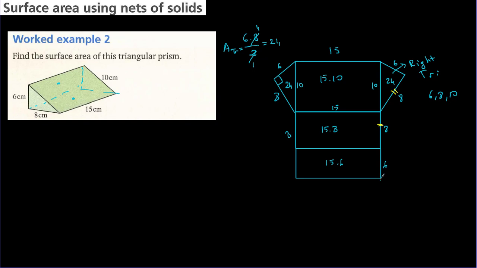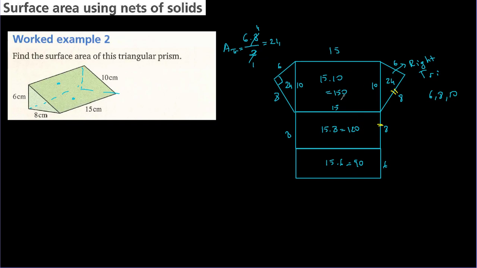Here you may calculate the total length, then multiply, but this is another method. 150, this is 120, and this is going to be 90.